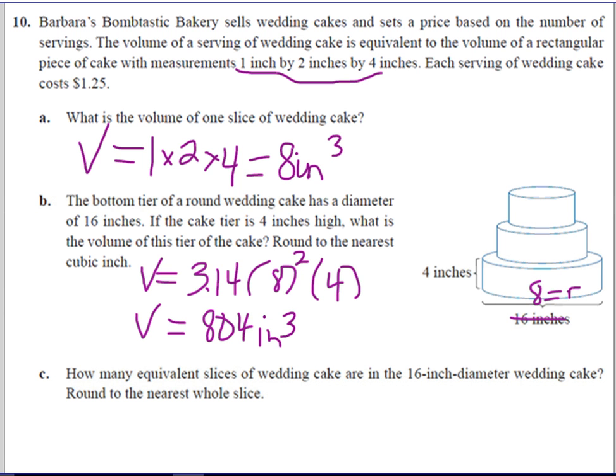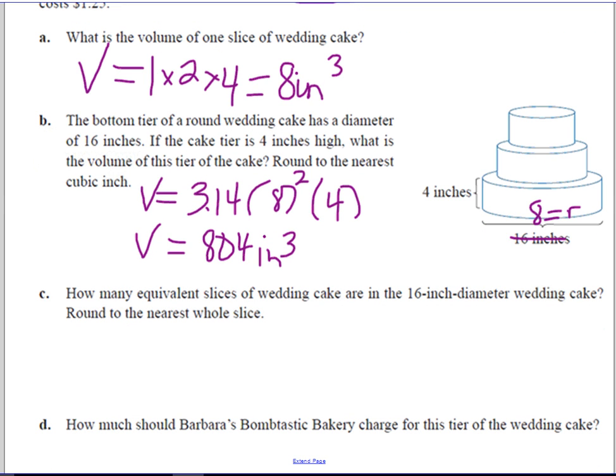So how many equivalent slices of wedding cake are there in the bottom tier of this cake? Round to the nearest whole slices. And so we have 8 cubic inches being the size of one piece, going into 804.